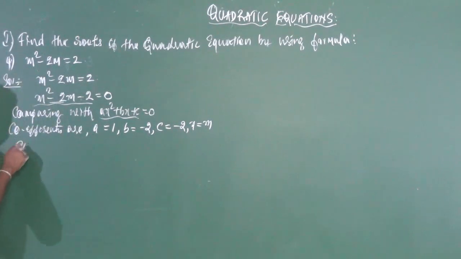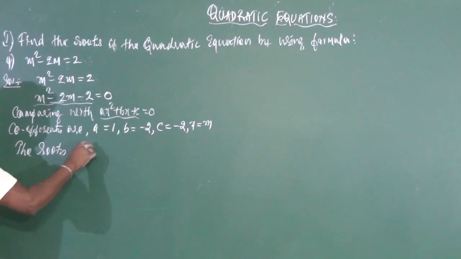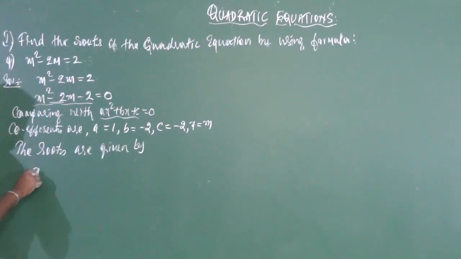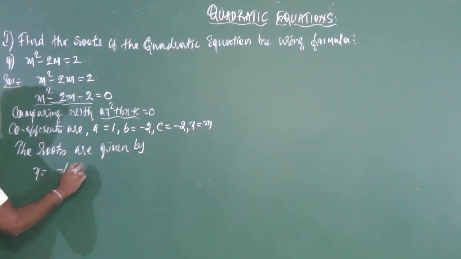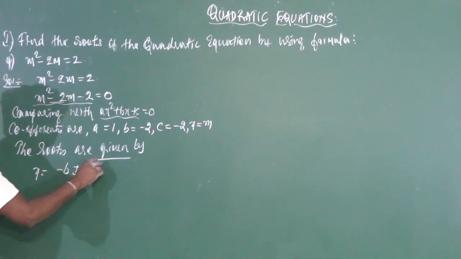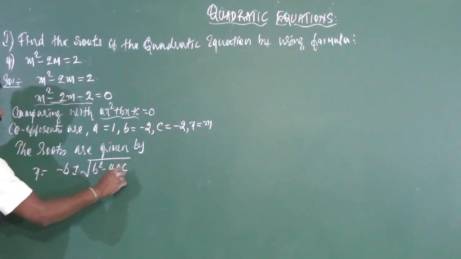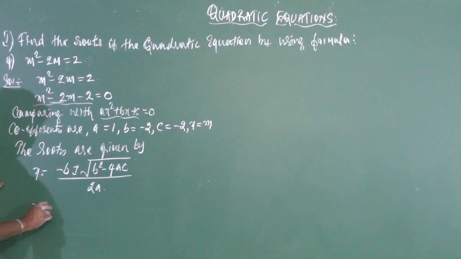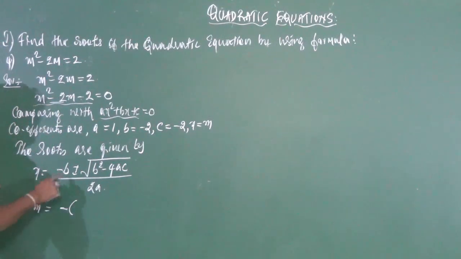So the roots are given by, very simple, right, x is equal to minus b plus or minus square root of b square minus 4ac by 2a. So m is equal to minus, open the bracket, b value is minus 2. Be very careful.